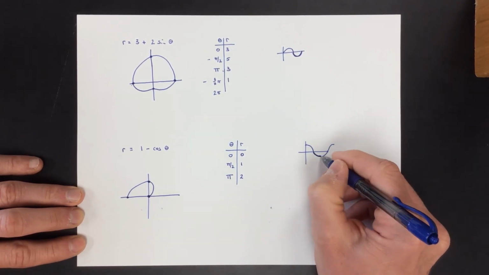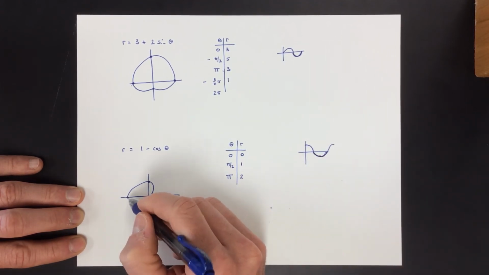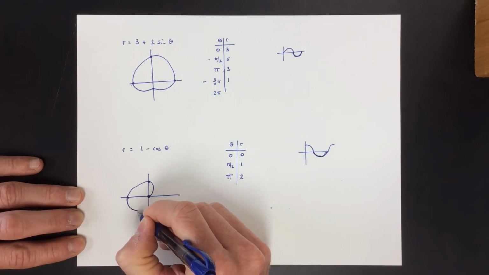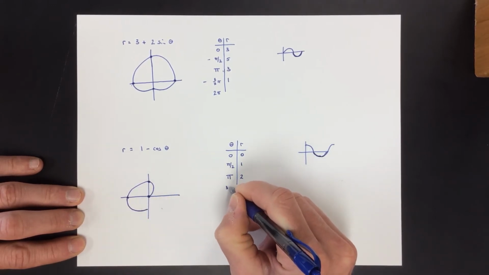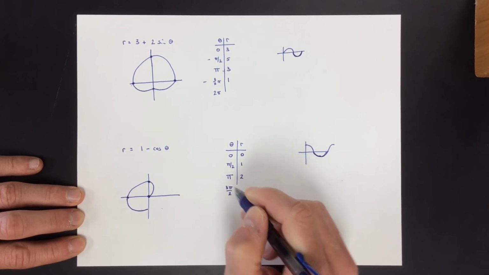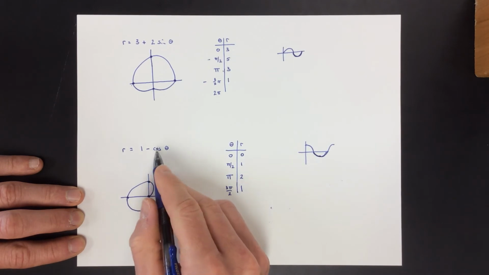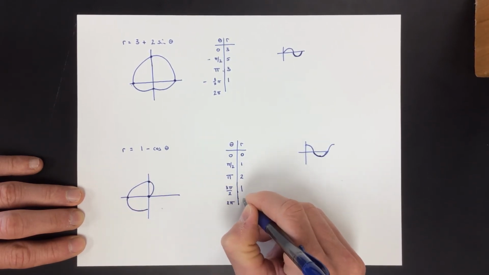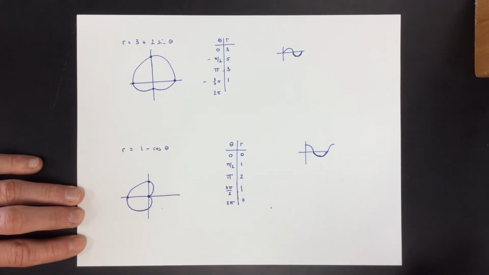Okay, I continue to subtract a negative, so my R value is still big that same way. It's very symmetrical there. And then it's going to bend back in. And then when I'm in the fourth quadrant, at 3 pi over 2, cosine is 0, so I'm back to 1. And then as I get all the way to 2 pi, I'm going to go back to 0. And I'm going to come right back in and get a shape that looks like that.